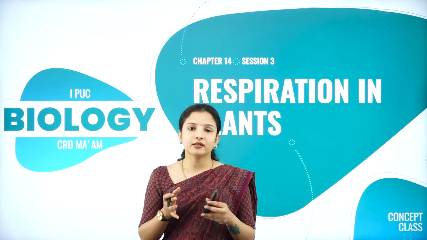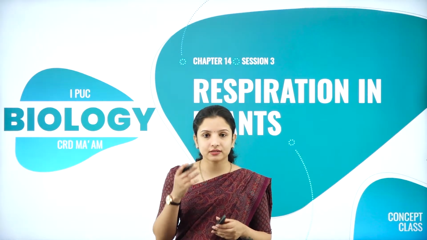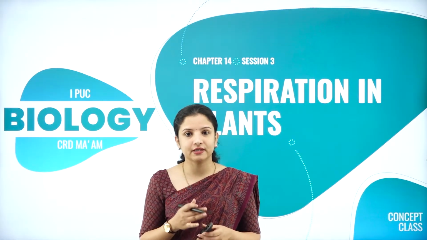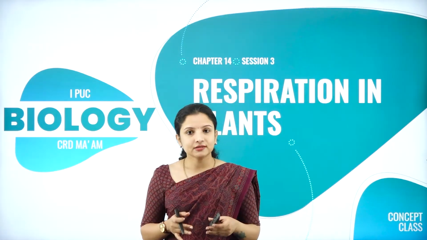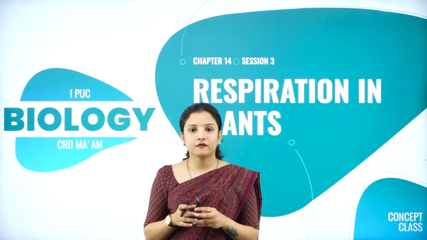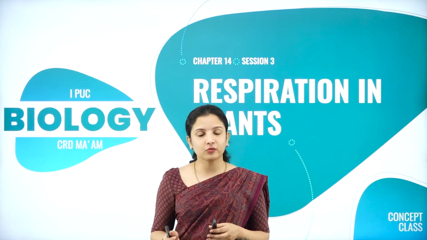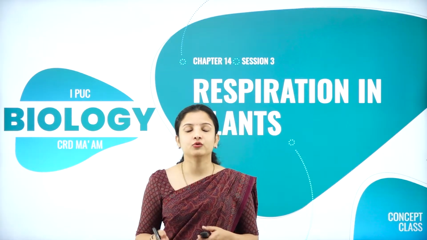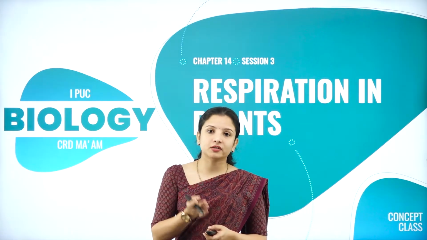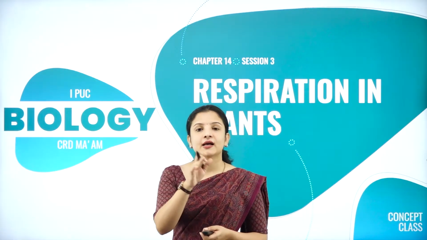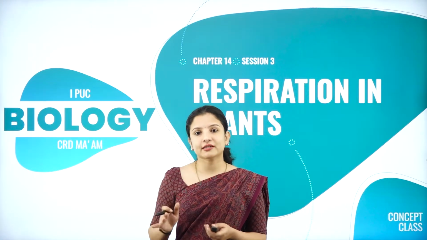Before entering into the Krebs cycle, the pyruvic acid undergoes decarboxylation. That is, carbon is lost in the form of carbon dioxide, wherein pyruvic acid gets converted into acetyl-CoA. That acetyl-CoA gets converted into oxaloacetic acid, and it continues with the Krebs cycle.